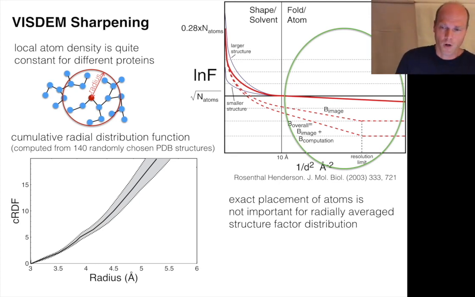We don't have an atomic model, but we have the rough shape of your protein that determines the lower part, and we have an idea of the radial distribution function here, so we know how densely atoms are packed. And for the structure factor here, as I just told you, the exact placement of the atoms is not really important for the high frequency range.